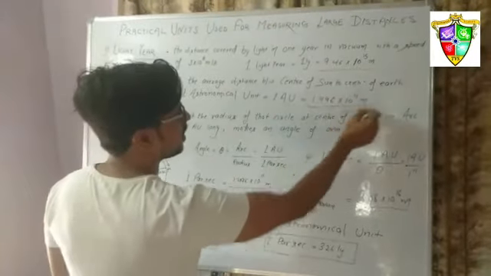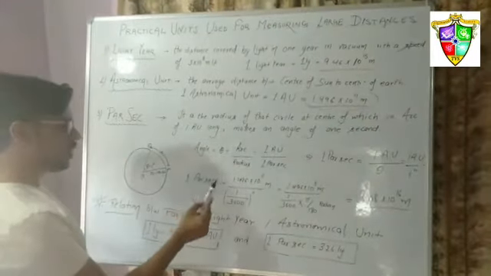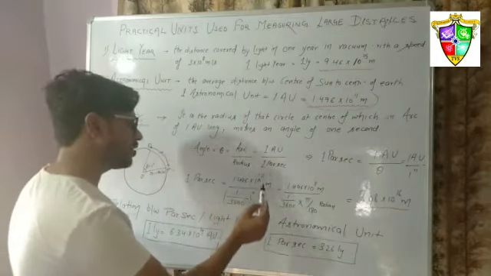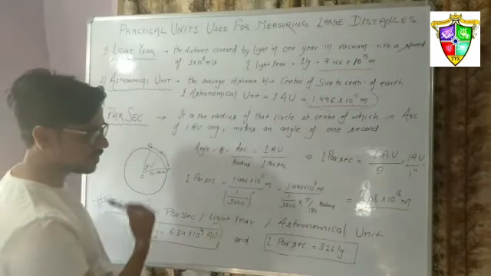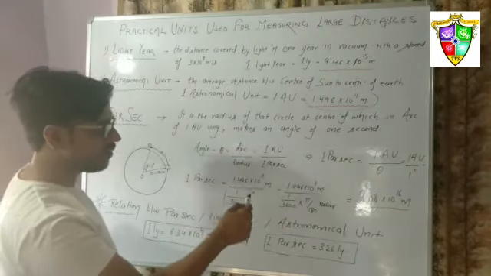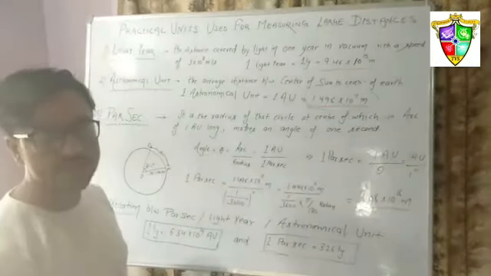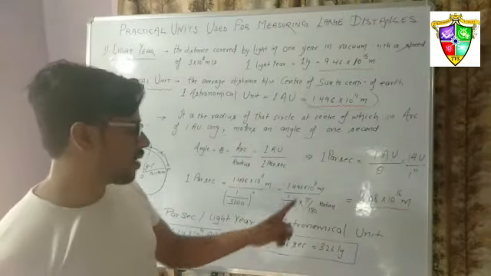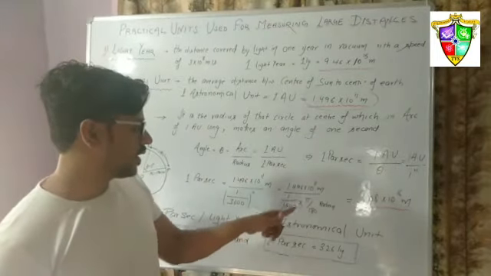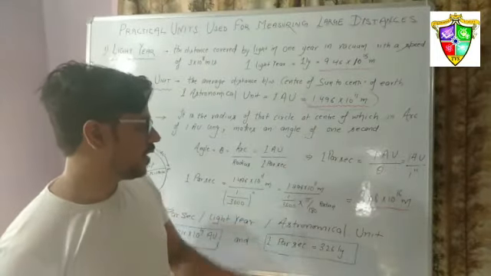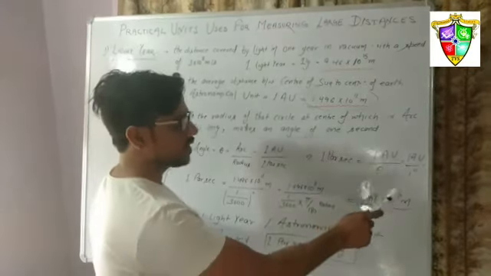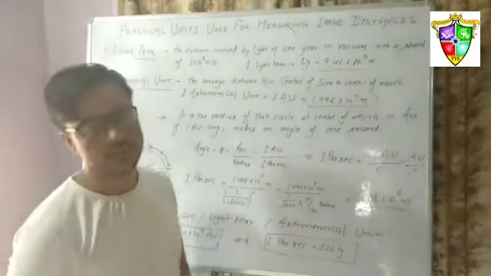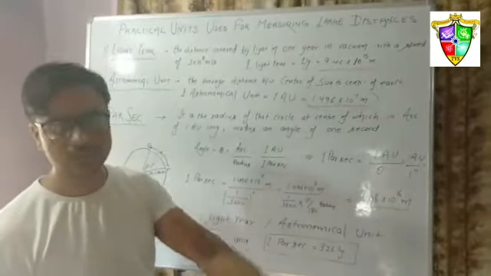We had calculated this value here. So it will be 1.496 into 10 raised to 11 meter upon 1 upon 3600 degree. And if we convert degree to radian in SI units, then 1 degree is equal to pi by 180 radian. So multiply it with pi by 180, then it is 3.08 into 10 raised to the power 16 meter. This is the value of 1 parsec.